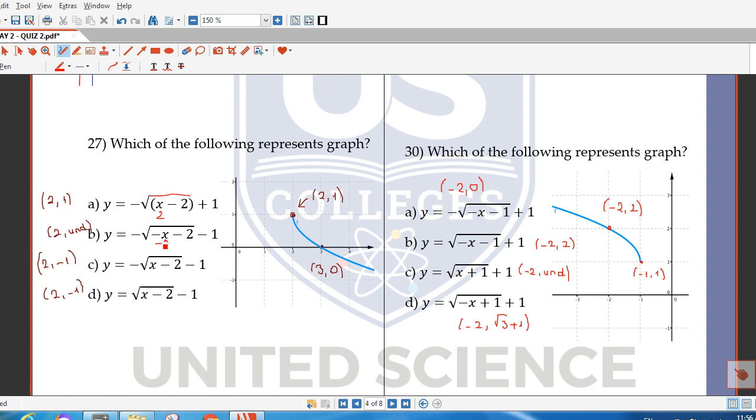Write 2: negative 2 is square root of negative 4, which is undefined, so you may cancel B. If you write 2 minus 2, 0, 0 minus 1 is minus 1, so you may also cancel C. Write 2, 0 minus 1 is minus 1, so only by using a point without knowing the transformation, I can decide the answer should be A.